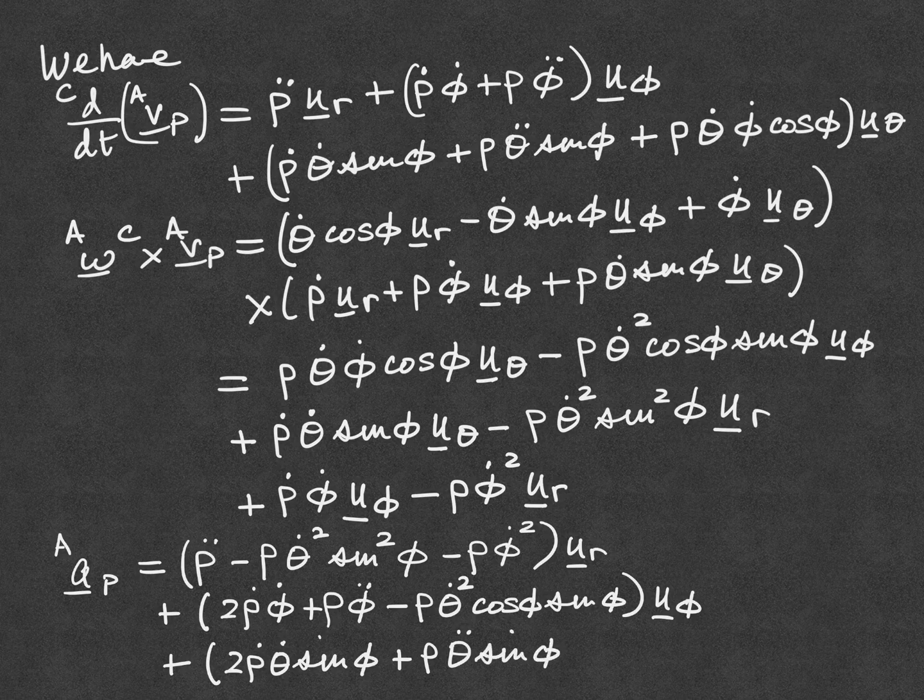And then we have a rho theta dot phi dot cosine phi, and another rho theta dot phi dot cosine phi. So that gives 2 rho theta dot phi dot times the cosine of phi, and that's times u sub theta. So there's the expression for the acceleration of point P as viewed by an observer in reference frame A. And again, this time it's expressed in coordinates fixed in reference frame C.